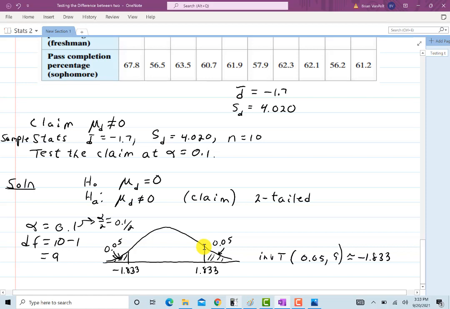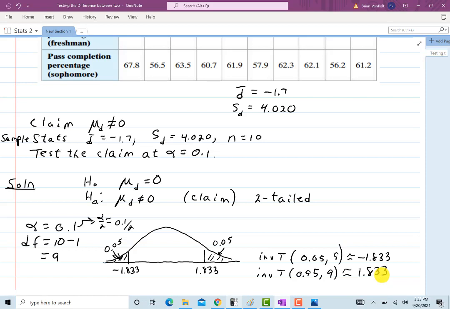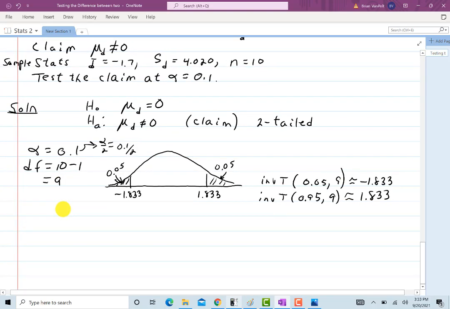So for that one, you can actually do this: invT equals 0.95, 9, and it will give you the positive version of that number. So you can do that or just use symmetry. All right, and remember at the end of this test, when we do the p-values, we're going to have to multiply everything by 2. But now let's go ahead and do our test statistic.